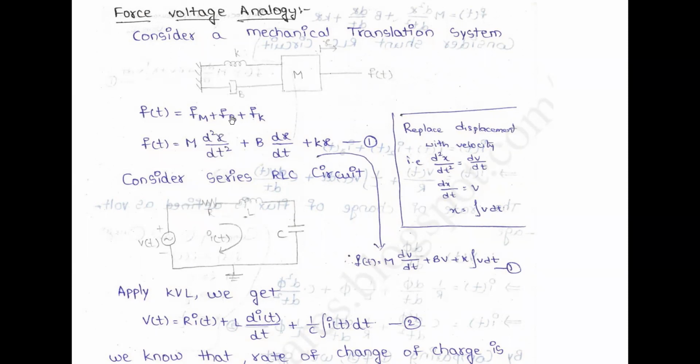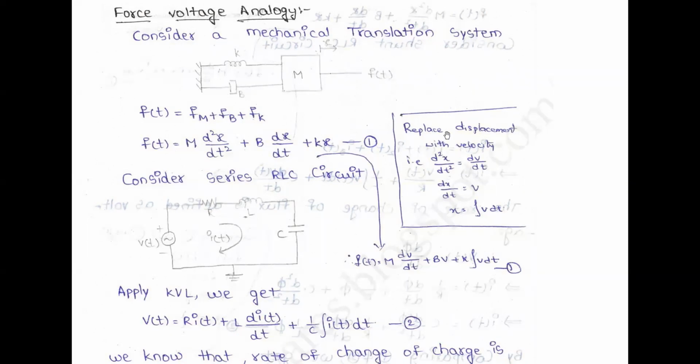Fb, the b element opposing force is directly proportional to the velocity of the body. Velocity means 1 time differentiation of the displacement, so b into dx by dt. In the k element, the opposing force is directly proportional to the displacement of the body, k into x.